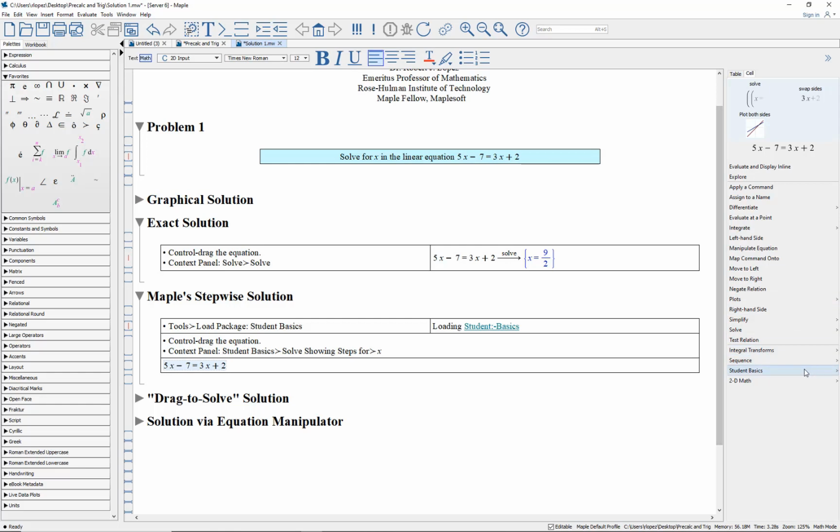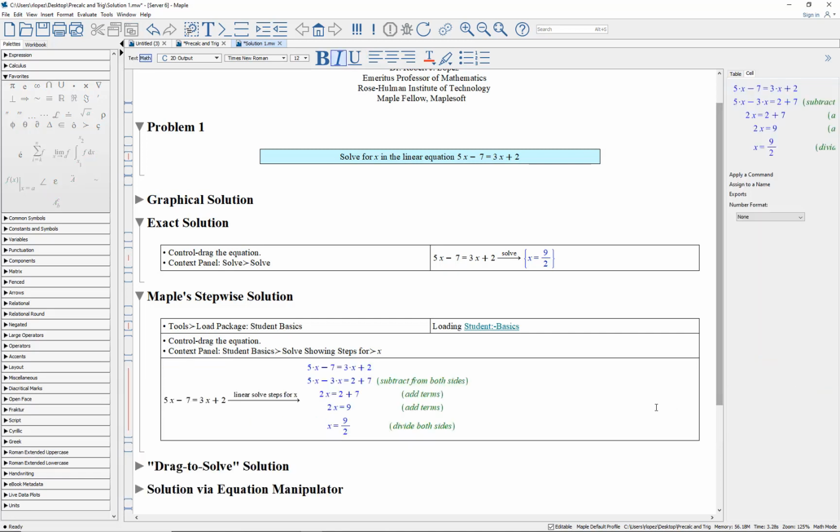And if we go here to the context panel where it says Student Basics and select Solve Showing Steps for X, Maple solves the equation and annotates the steps that it went through to obtain that solution. Add 7 to both sides, subtract 3x from both sides, divide by 2.